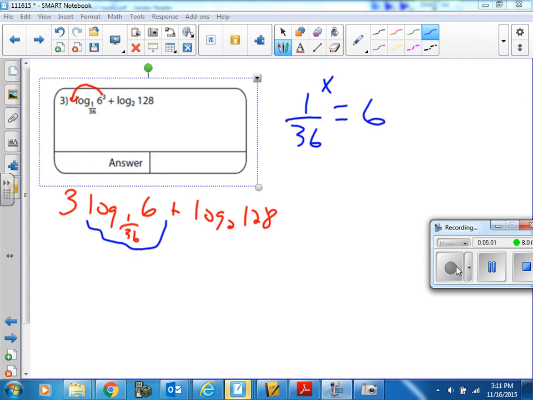If we put 1/2, that would mean that the answer would be 1/6. So if we thought that this was 1/2, really 1/2 is the square root, and the square root of 1/36 is 1/6. So we don't want that. So I'm going to get rid of that because we want something that'll give us 6.